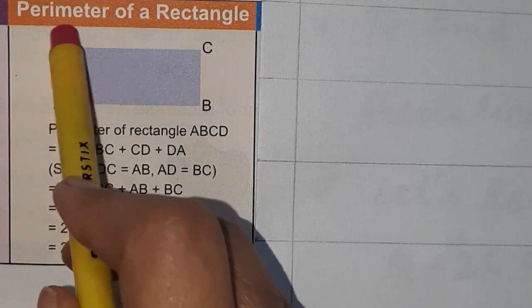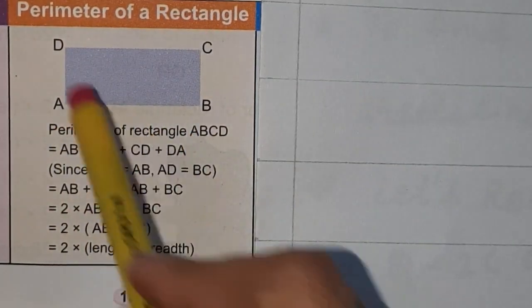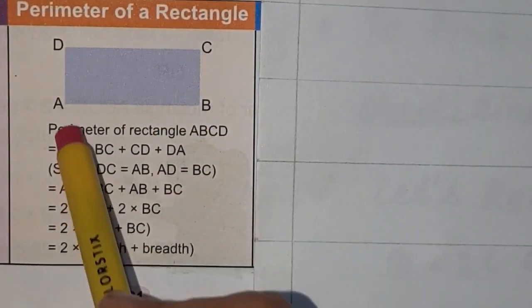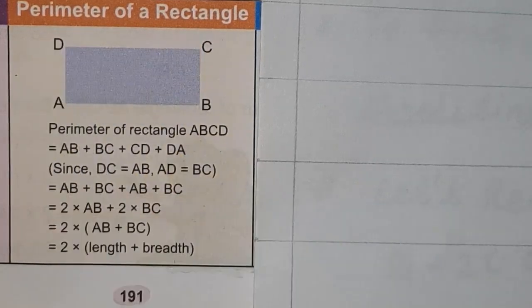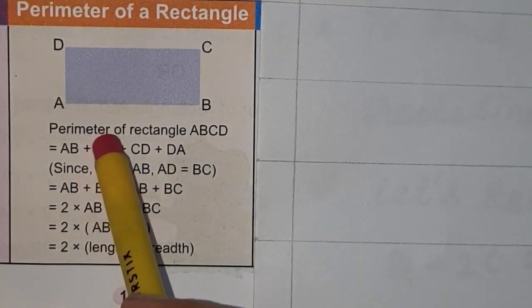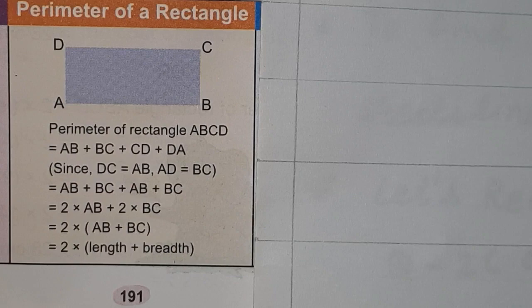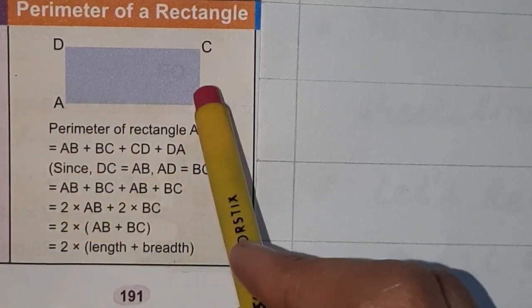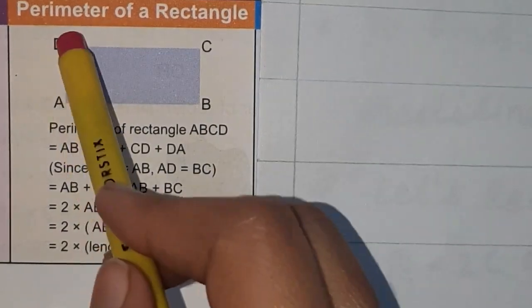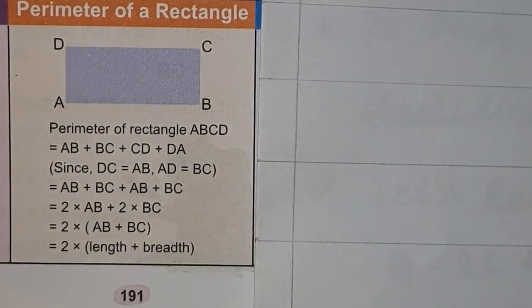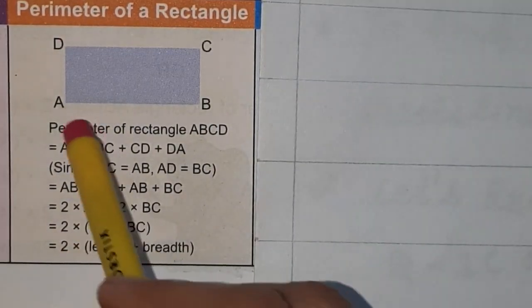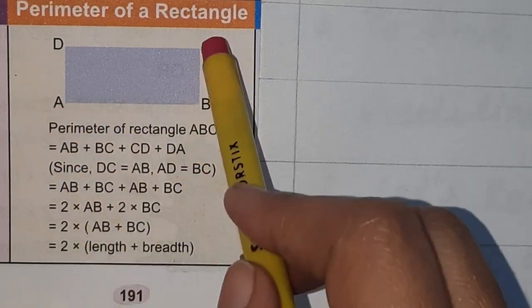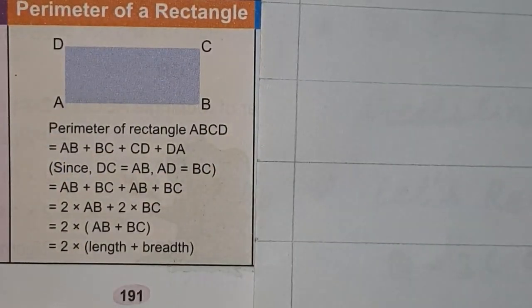Now, perimeter of a rectangle. This is the rectangle ABCD. To find the perimeter of rectangle ABCD, we will do sum of lengths of all the sides. AB plus BC plus CD plus DA. Now, we know that AB and CD have the equal length.